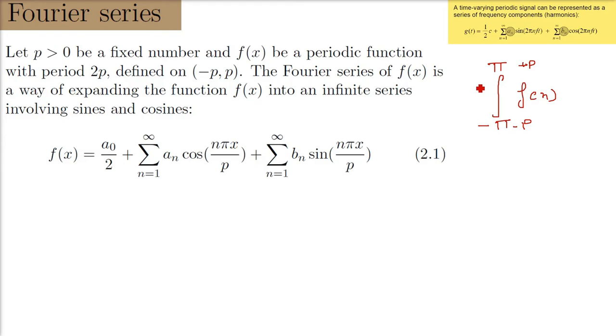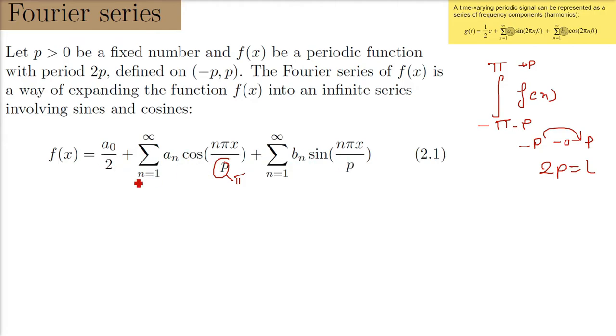So negative p to p, which is actually a range of 2p, because minus p to 0 and 0 to p is 2p only. So the period is 2p, and L has to be such that 2p equals 2L. So we are taking this p as pi here. If you take negative pi to pi, it can be minus 2 to 2, so p will be 2.